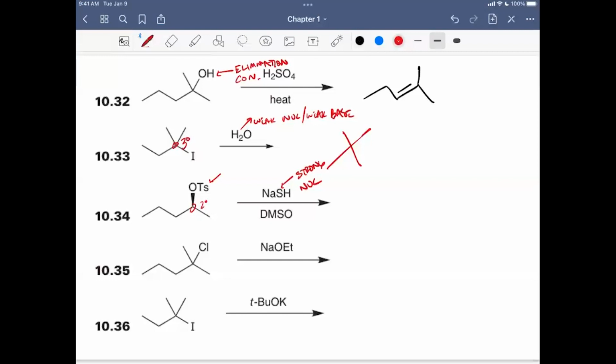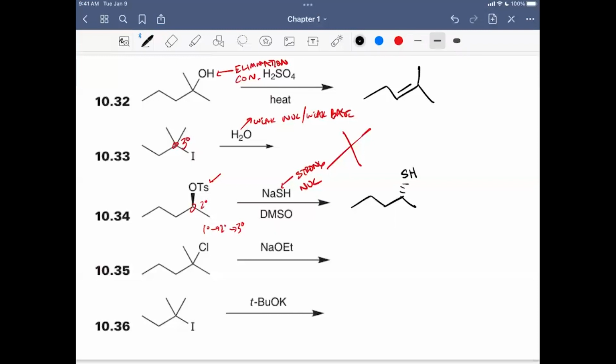We know that whether it's primary, secondary, or tertiary, it's all going to enter SN2, or SN1 if it's tertiary. This one is secondary, so it's going to do SN2. So it's going to substitute out that OTs into that SH. So that's going to be the major product. And you don't have to write a minor because there is no minor for this one, since it's just a strong nucleophile.